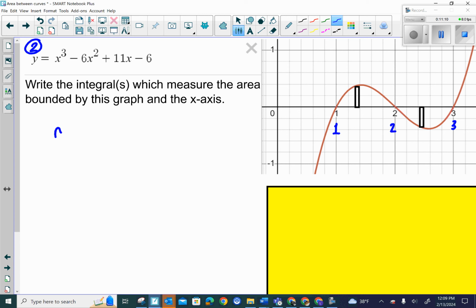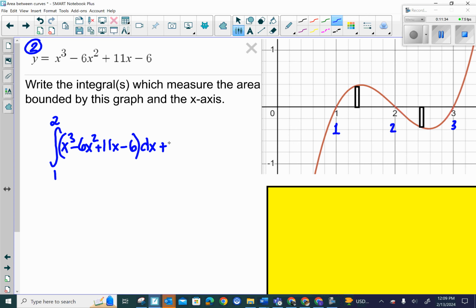So the first integral that I'll write, upper minus lower, would be x cubed minus 6x squared plus 11x minus 6. That's my function height times delta x, or dx in the integral as delta x goes to 0. And that goes from 1 to 2.